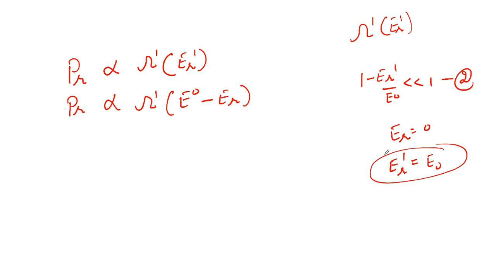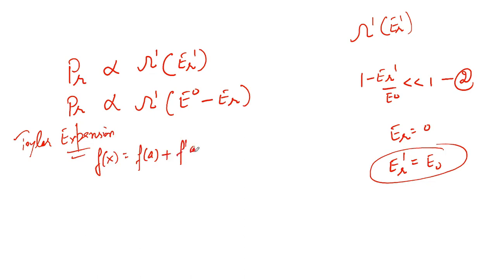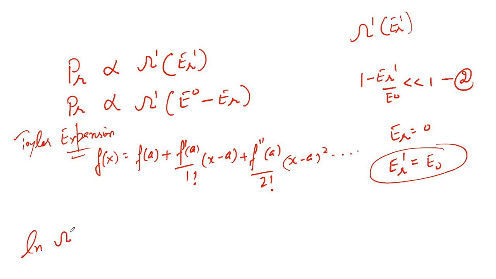So using the Taylor expansion, a function f of x is f of a plus f dash of a over 1 factorial times x minus a, plus f double dash of a, the double derivative, over 2 factorial times x minus a squared, and so on. So log of omega dash of ER dash comes out to be log of omega dash of E naught minus ER.